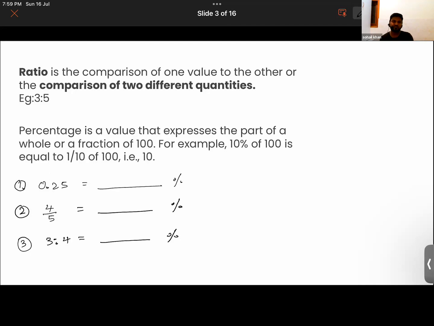Multiply by 100. If you are given 5, you need to convert into fraction, simply you write it as 5 upon 100. Good. So convert 0.25 then.